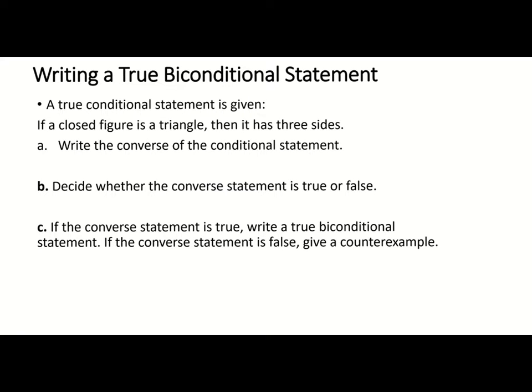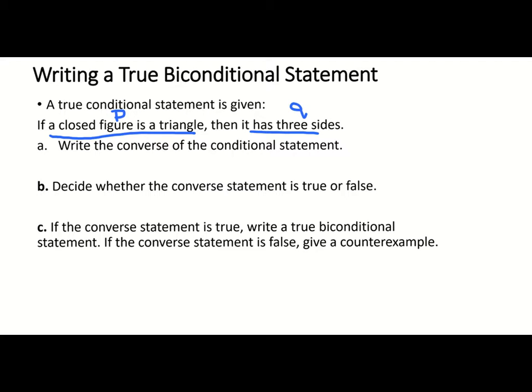All right, so here they give us a true conditional statement: if a closed figure is a triangle, then it has three sides. So we can identify right here, we have P and then our Q. What they want us to do is write this as a biconditional statement.